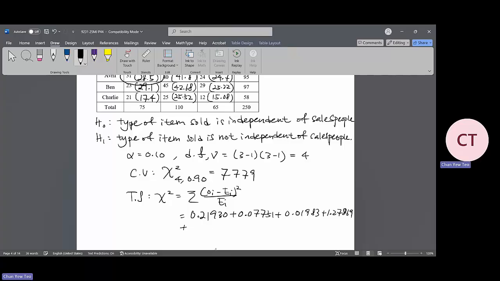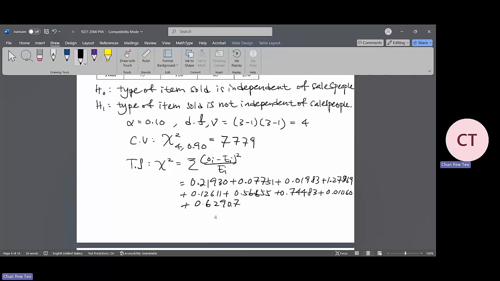Okay, and then plus 0.12611 plus 0.56655 and 0.74483 plus 0.01060 and lastly 0.62907. So you need to show all the values individually. Okay, so you total them up, you will get this one as 3.67.